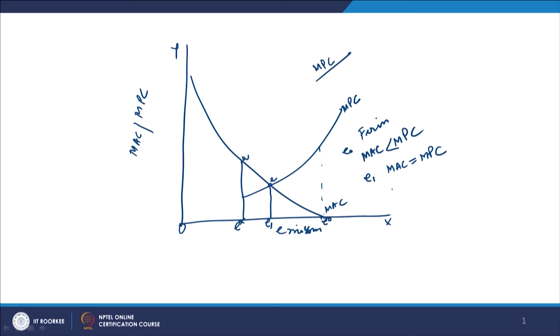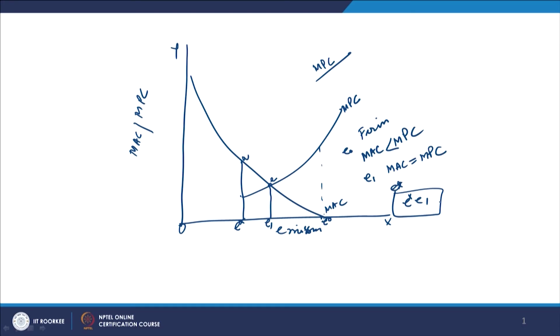to E star, that is the standard, at this point what happens, the company now will not be able to comply with the E star E1 portion of the emission.